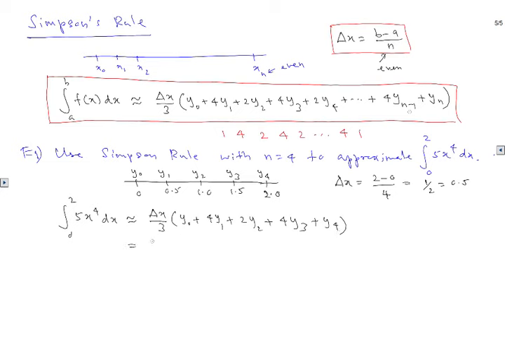Delta x is 0.5, so it's 0.5 over 3, times 5, and then we have 0 to the 4th power plus 4 times 5 times 0.5 to the 4th power plus 2 times 5 times 1 to the 4th power and then 4 times 5 times 1.5 to the 4th power plus 5 times 2 to the 4th power, and then you can use a calculator.